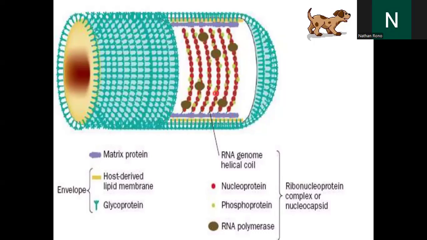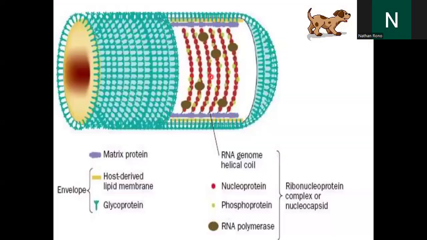Phosphoproteins, here they are. Then the lipid membrane, and then covered by glycoprotein. From the outside you have glycoprotein, which forms the envelope. The envelope is the covering, and the host-derived lipid membrane is here. Then the inside is the matrix protein. Then we have the nucleoprotein, phosphoprotein, and the RNA polymerase.